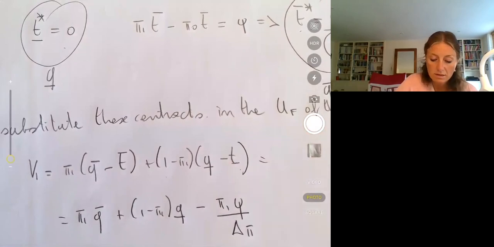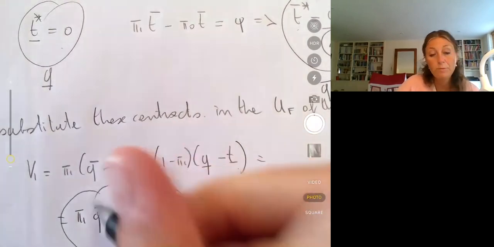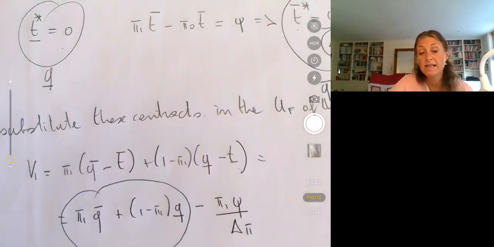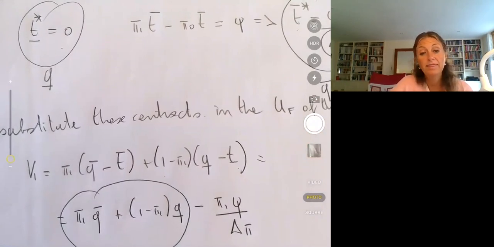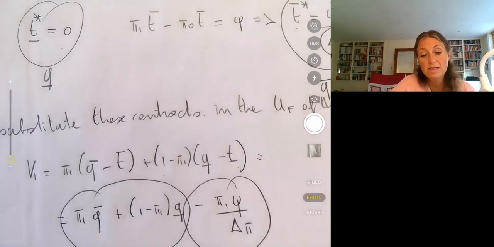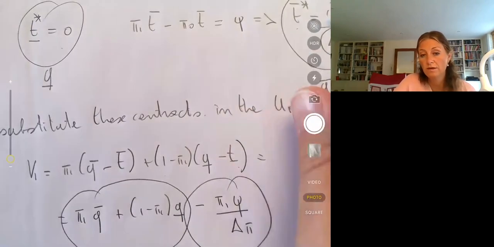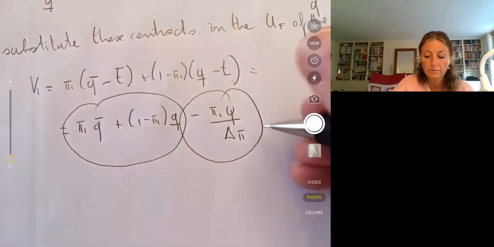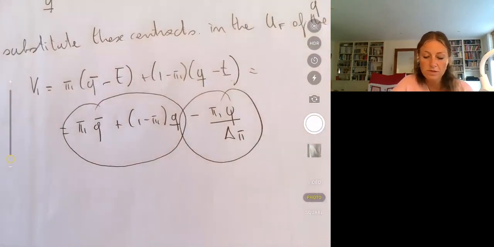As you can see, this one represents the gain, in terms of outcome, that the landlord will obtain when the tenants exert the high level of effort. And this one represents the cost of inducing the high level of effort.